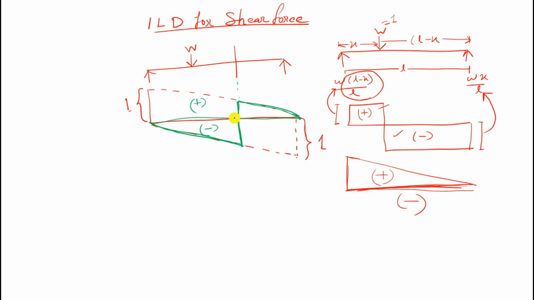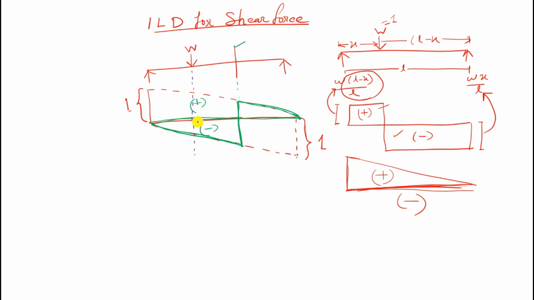Now for this particular section, we have to calculate the shear force value. So what is the shear force value? You know the formula: you draw a vertical line below the load, and we have a negative part at this part. At the left side of the section we have the negative part, and on the right side of the section we have the positive part.